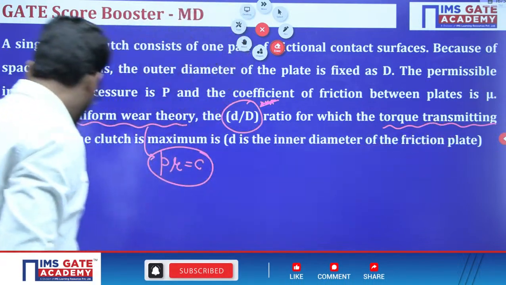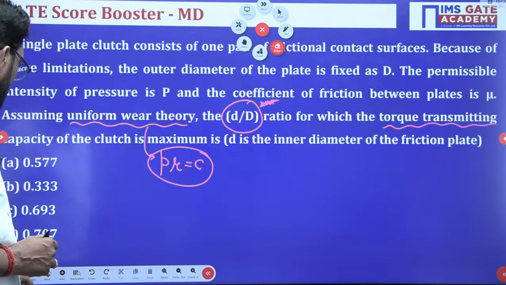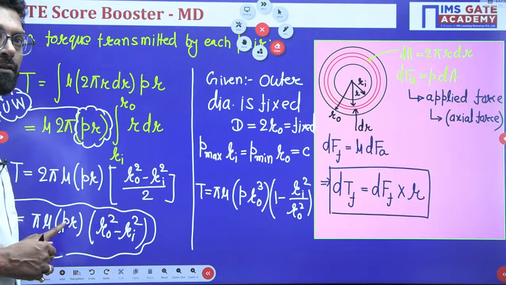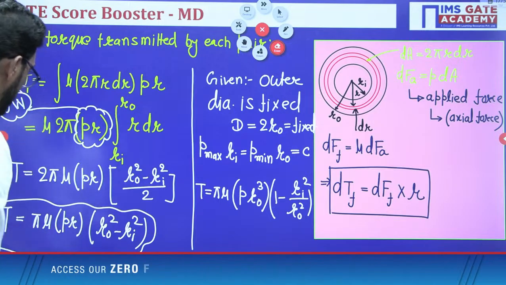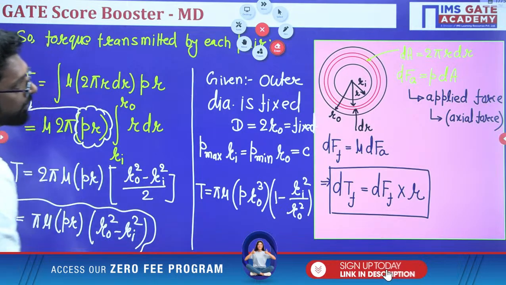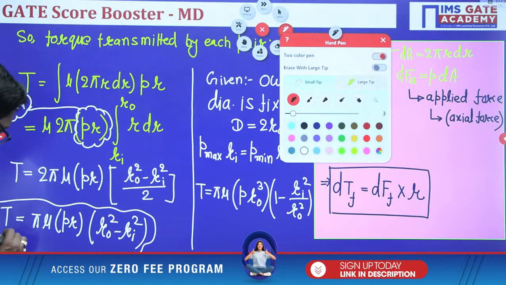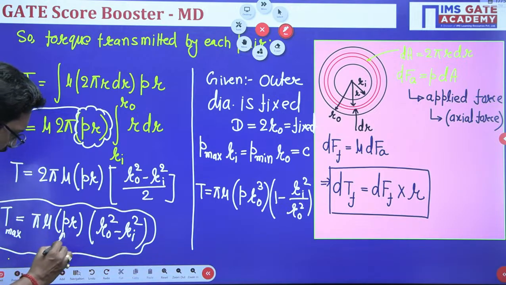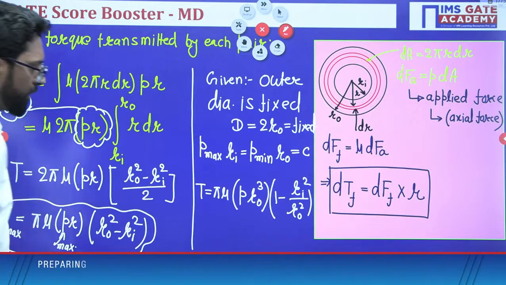So for the maximum torque transmitted, this P is max. So when P is max, r is minimum.